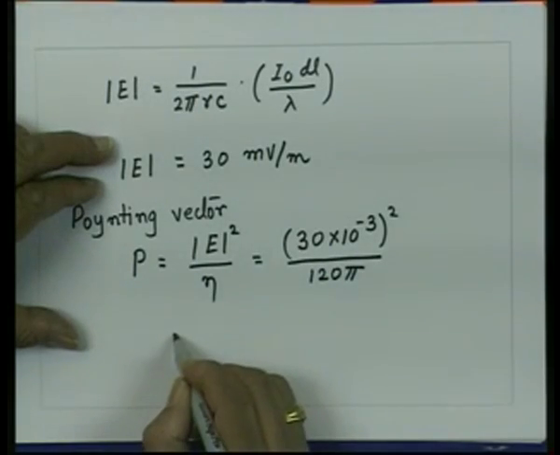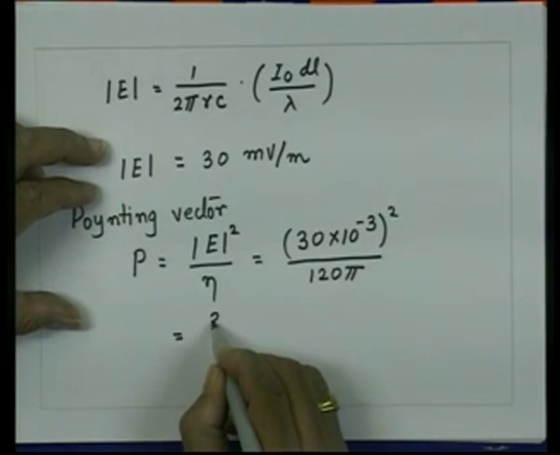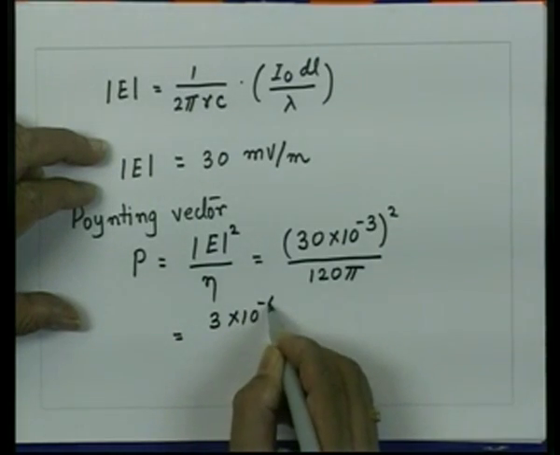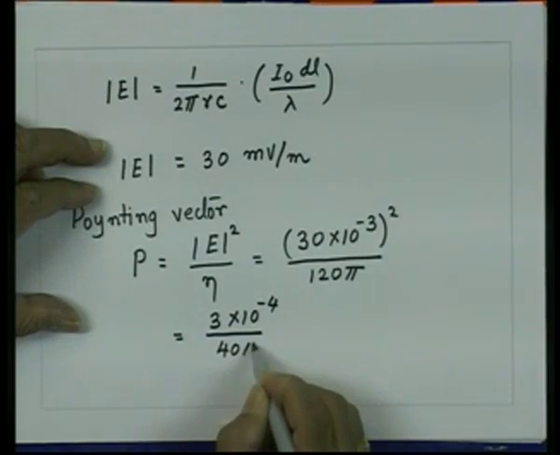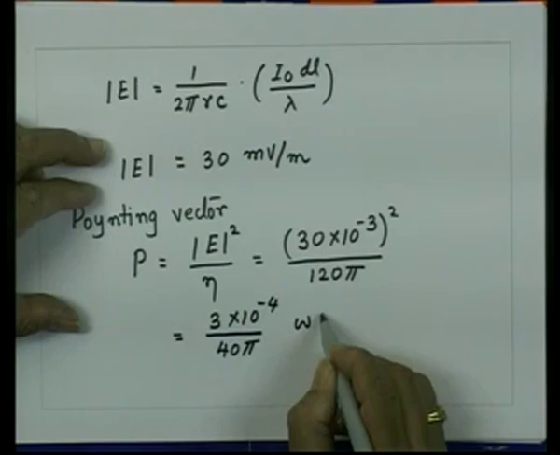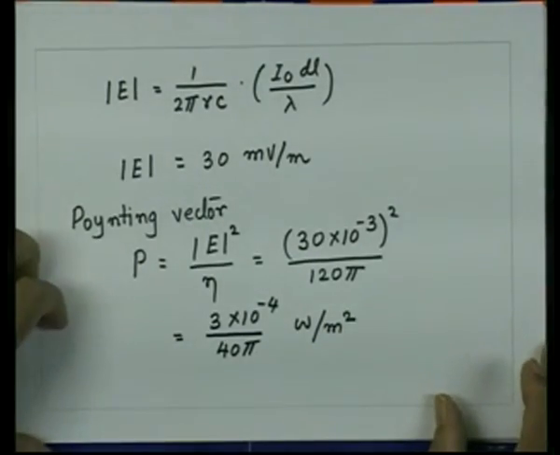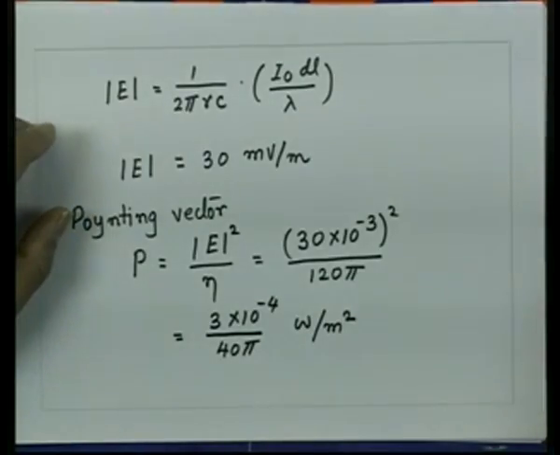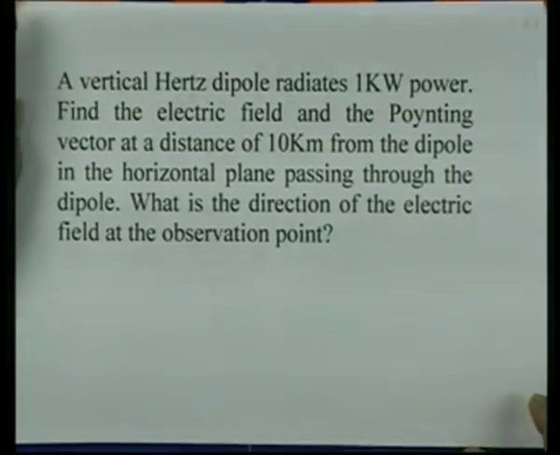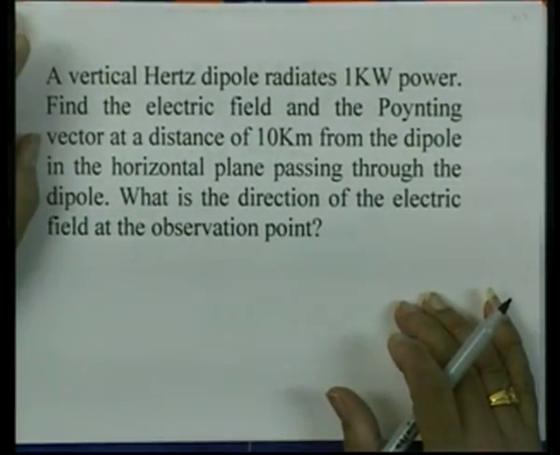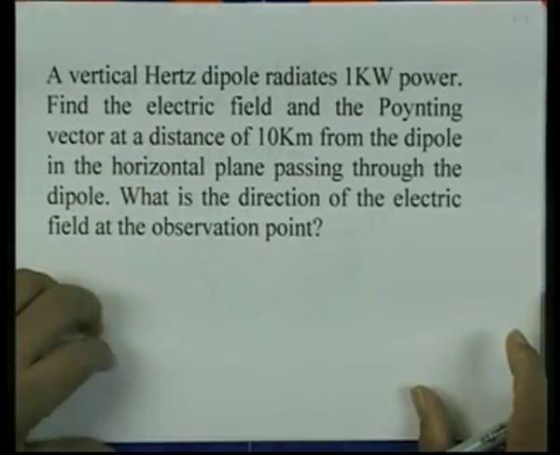So, if I simplify this, I get the power density, which is 3 into 10 to the power minus 4 upon 40 pi watts per meter square. So, this is again a very simple problem where the total power radiated by the Hertz dipole is given, and then we are asked to find out what is the electric field and the Poynting vector at a distance of 10 kilometer from the Hertz dipole.